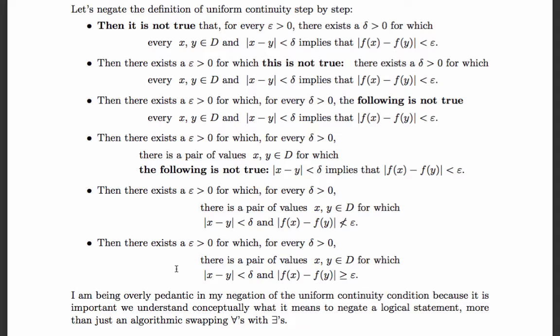So, of course, the last bullet is all we need, right? We're supposing that f is not uniformly continuous, which means that last bullet is true. But it's important, more than just the machinery of changing for all to there exists, that we understand logically, intuitively what's meant when we negate a statement.